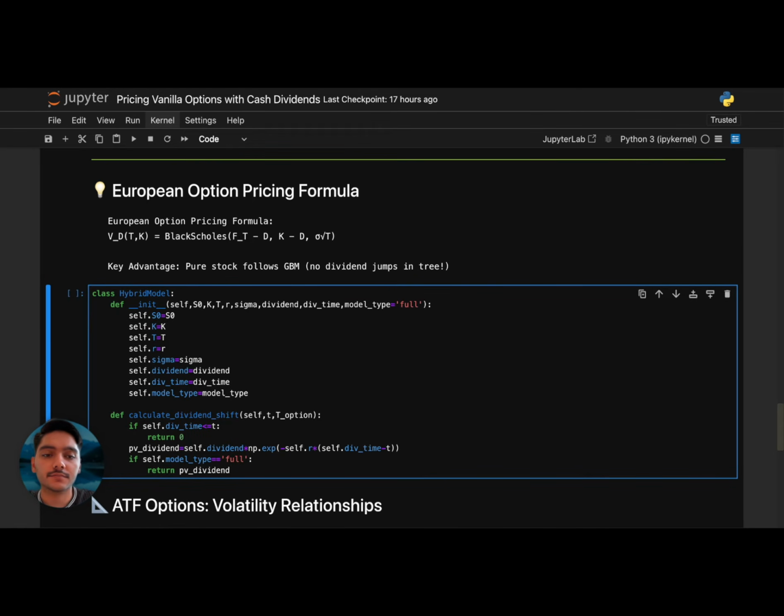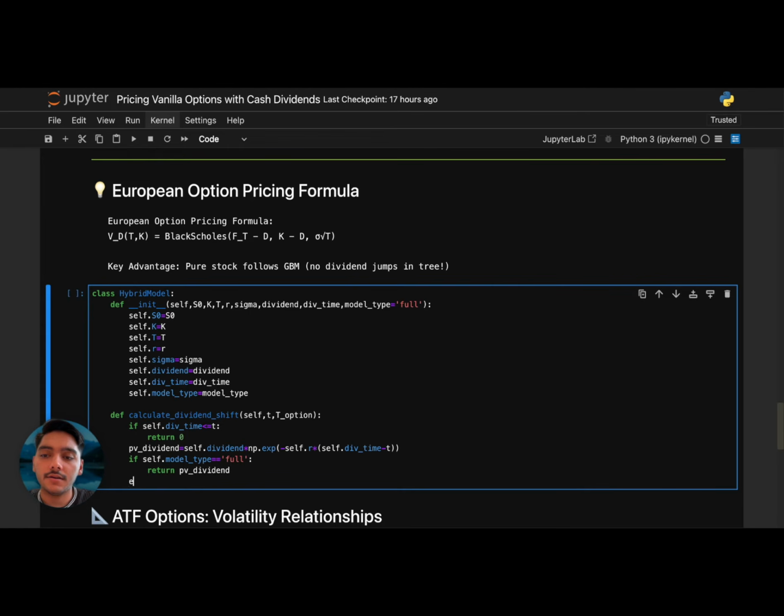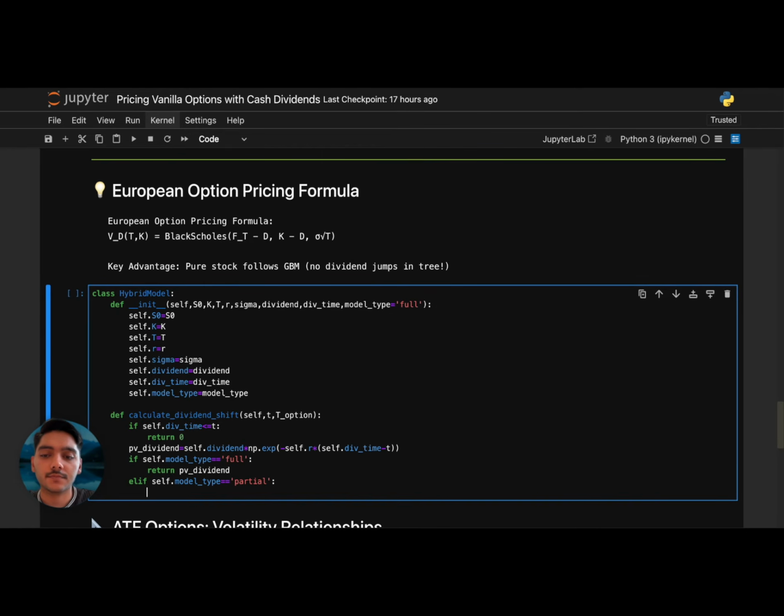Else if self.model_type is equal to partial, the partial hybrid model only applies if the dividend is before option expiry.